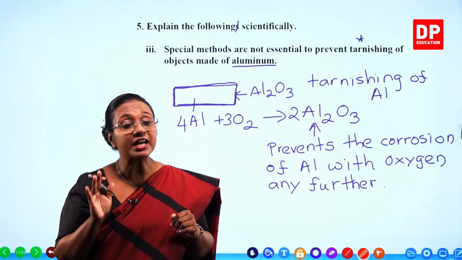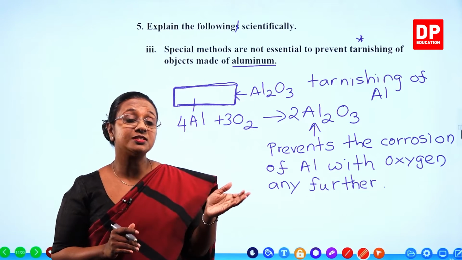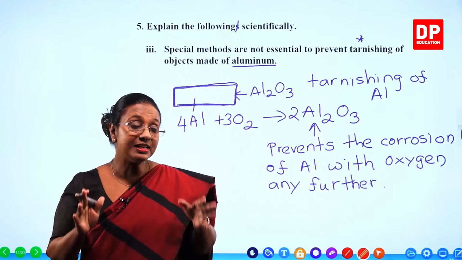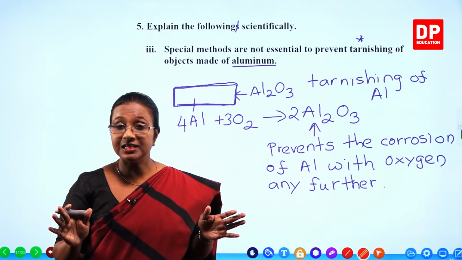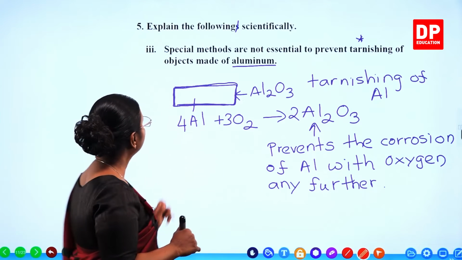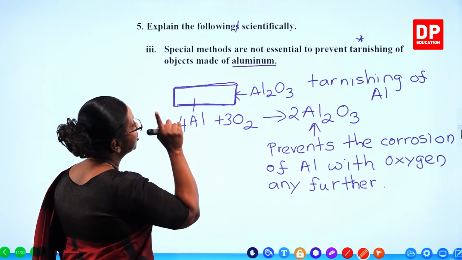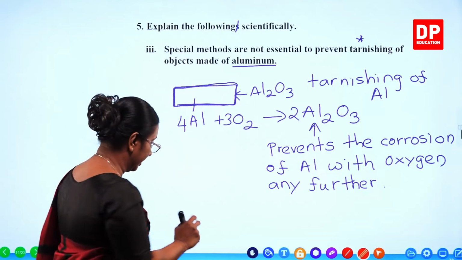Even if the shine is lost to a certain extent, that does not matter much, because the quality of aluminium will still be retained. Is that clear to you all? So to answer this question, special methods are not essential to prevent tarnishing of objects made of aluminium.